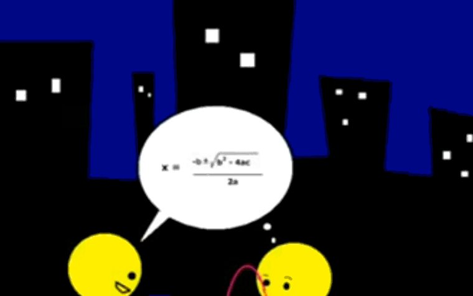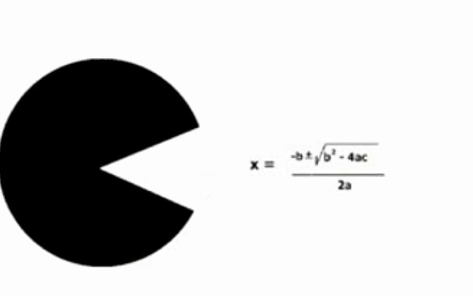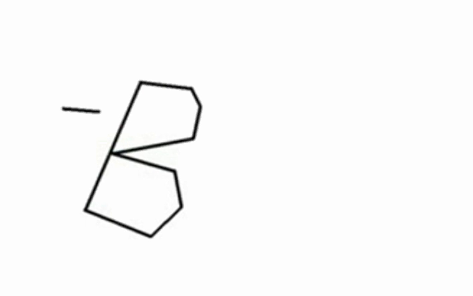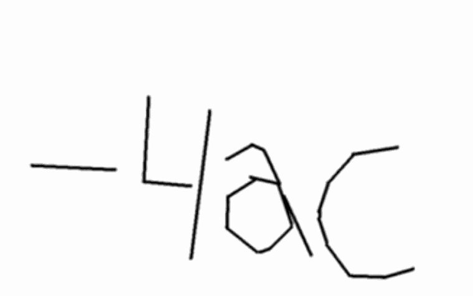And it's -b plus or minus the square root of b squared minus 4ac over 2a, over 2a, over 2a.